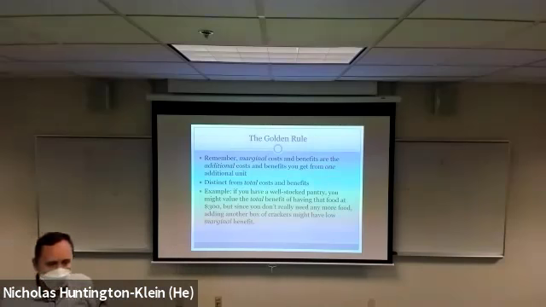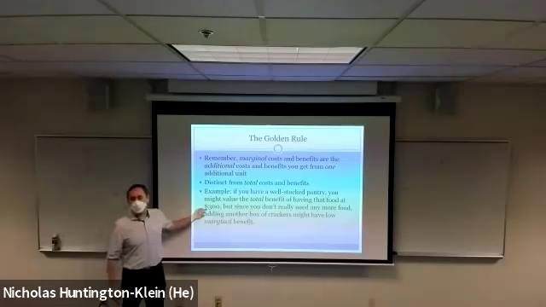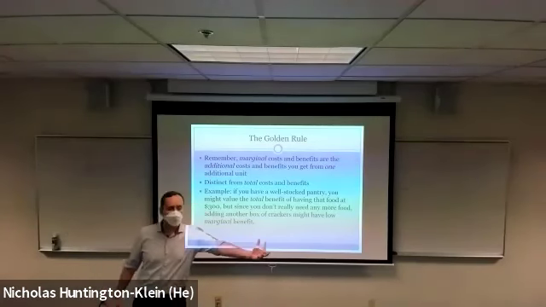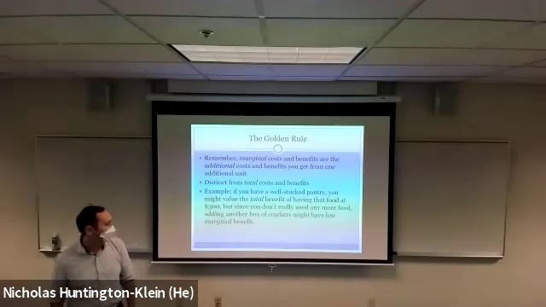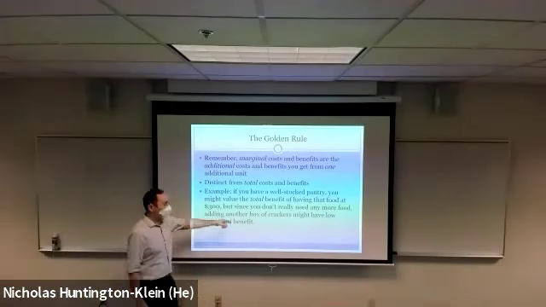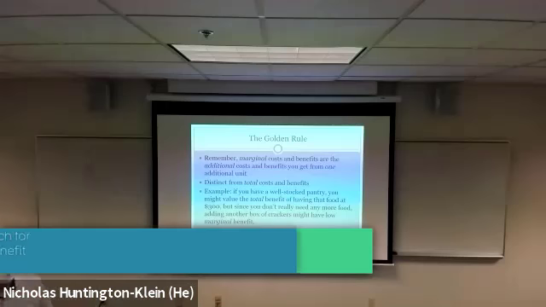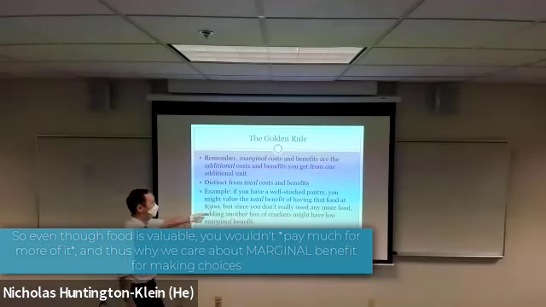Any additional food would not be that valuable to you. So even though the total benefit of the food in your pantry is very high, the marginal benefit that you would get from more food is very low, right? Adding an additional box of crackers when you already have 20 boxes of crackers in there doesn't really bring you much additional benefit. So that would be a low marginal benefit, even though the total benefit is quite high.